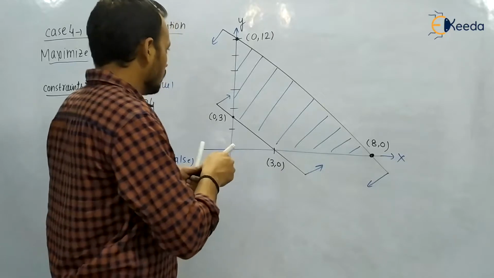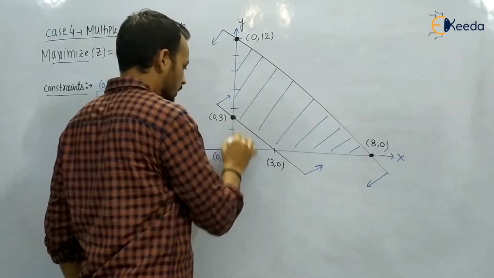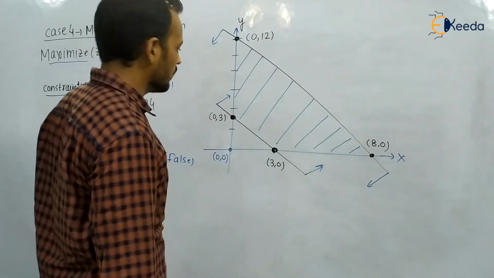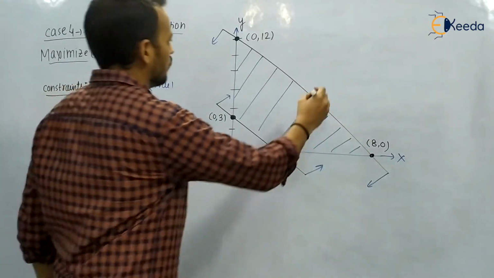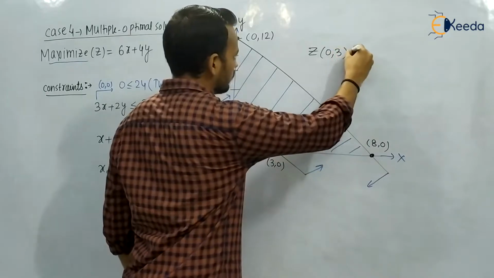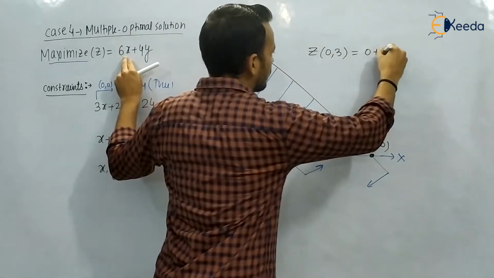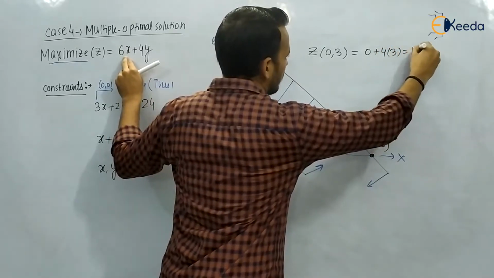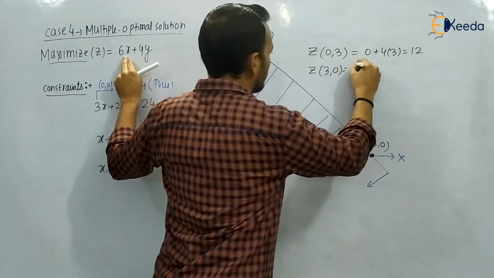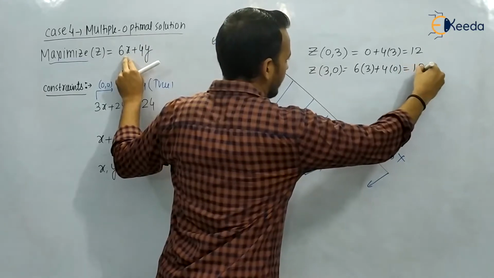Now we have to look for the corner points. The corner points are 0 comma 12, 0 comma 3, 3 comma 0 and 8 comma 0. We will find the optimal solution. At 0 comma 3, we get 0 plus 4 into 3, which is 12. At 3 comma 0, we put 6 into 3 plus 4 into 0, and we get 18.